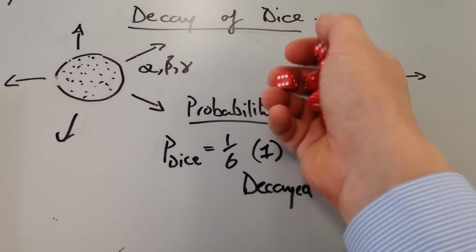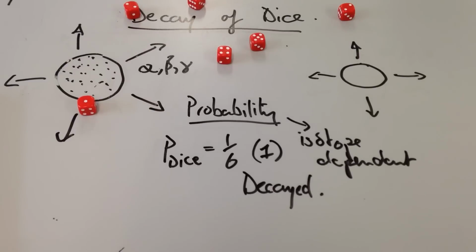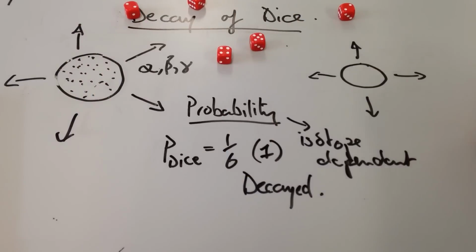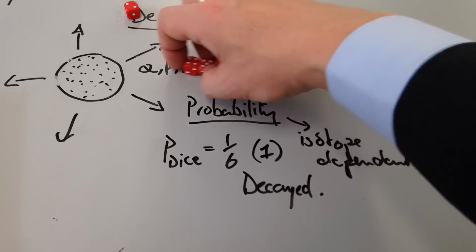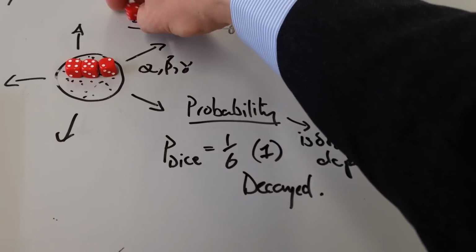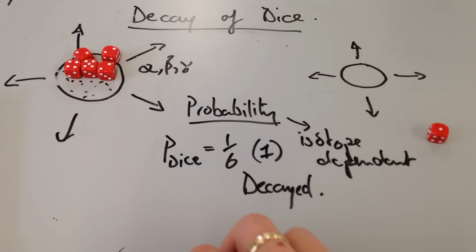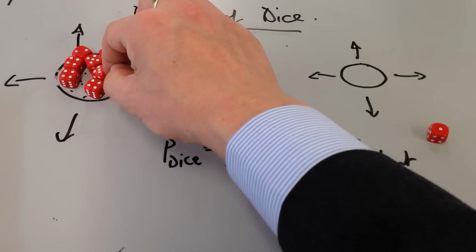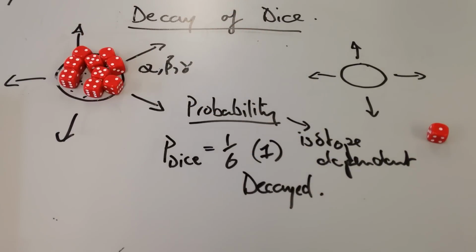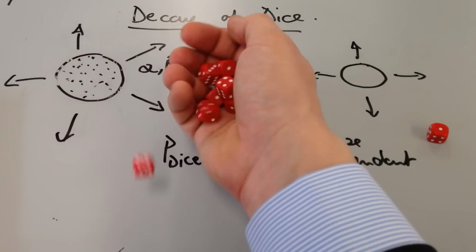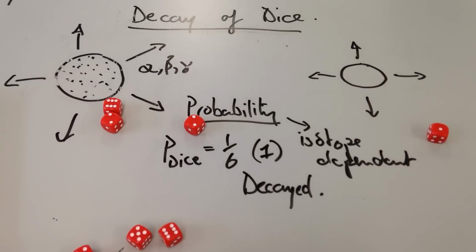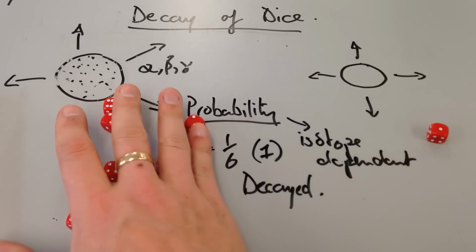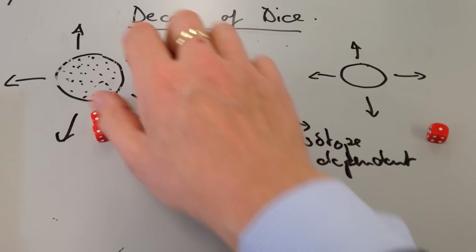So very simply, we'll take the dice, roll them, and the number of ones that we find has now decayed, and the rest remain inside the atom, because the rest were not ones. And then we'll take the sample again and roll it, and those that roll as ones will move across to the decayed group, and those that haven't will stay in the atom.